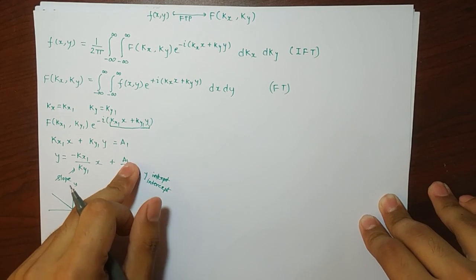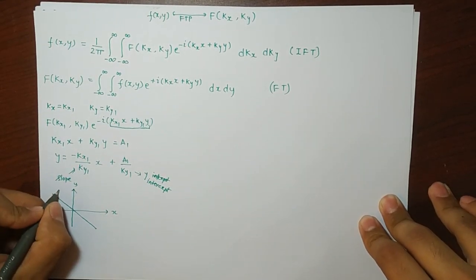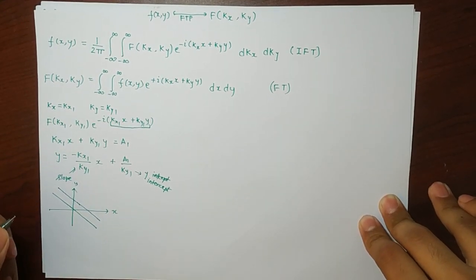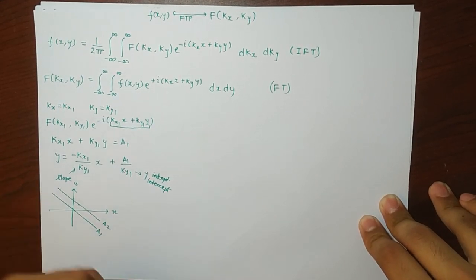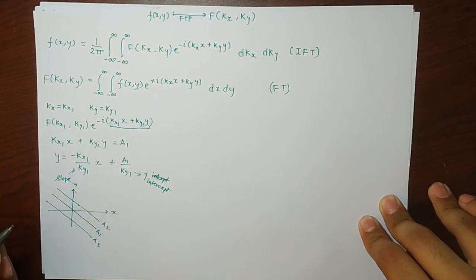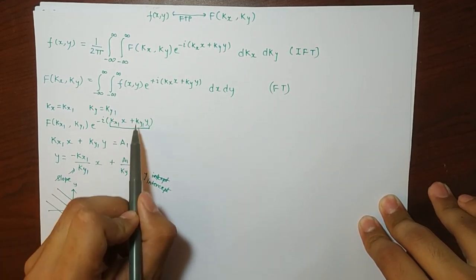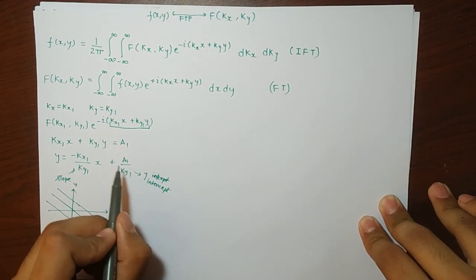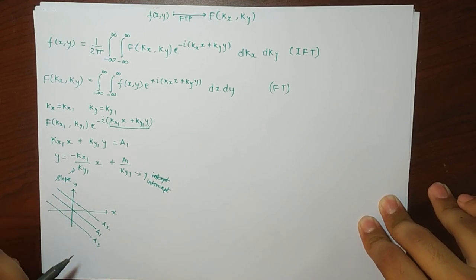Even if you change the value of a1, the slope won't change, only the intercept will change. So for some value a2 you might have a line like this. This is for a1, this is for a2, maybe for some a3 you'll get a line like this. The slope won't change. Once you have fixed the value of kx1 and ky1, this slope is not going to change. Only changing a changes the y-intercept.